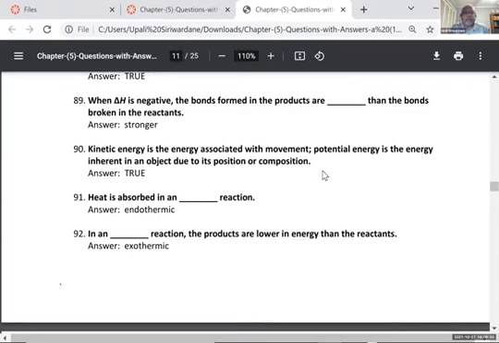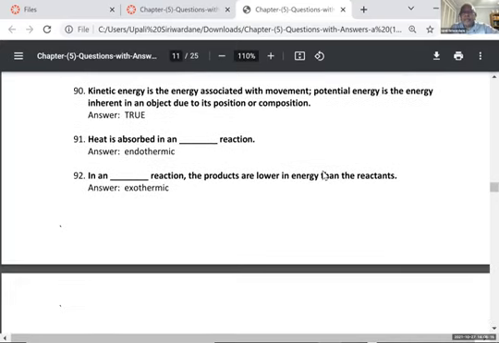If the heat of reaction is negative, it means the bonds broken in the reactants are stronger. Kinetic energy is the energy associated with movement, and potential energy is the energy inherent in an object due to its position. That's true.